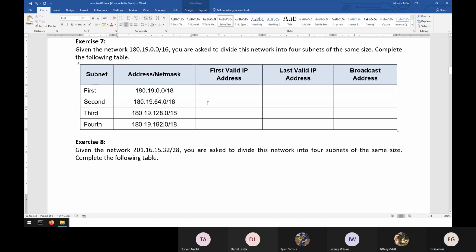So let's fill this. The first valid IP address is the IP address that is after this one. So what will be the IP address after this one? 180.19.0.1. Correct.